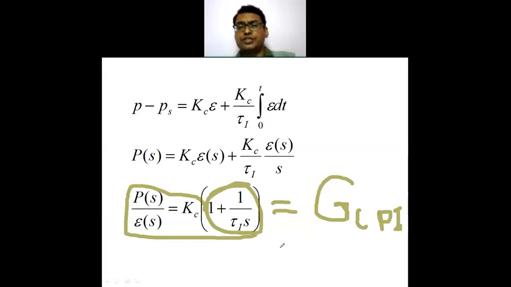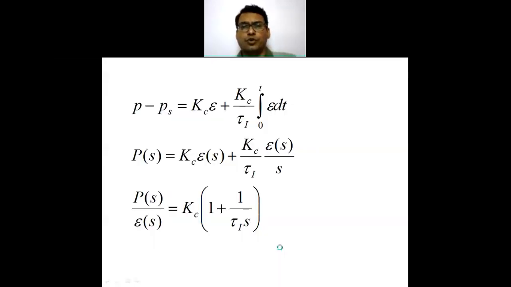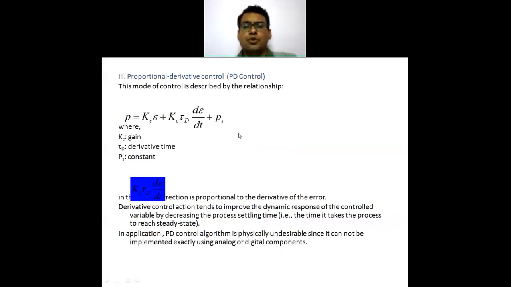Now the next is the PD controller, the proportional derivative controller. So the derivative action in terms of the dE dt.